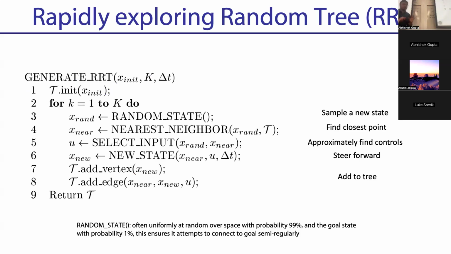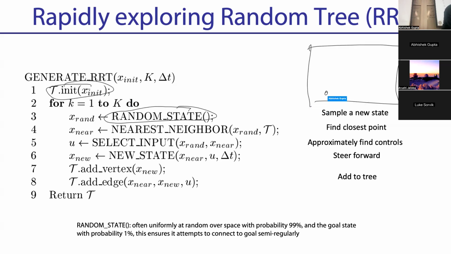So this is the whole algorithm for RRT. RRT says that you start by just having a tree which only has the initial state in it, right? And then you're going to sample a random state from the configuration space. So let's say this is your configuration space. This is what you call X init. You're going to say, I'm going to sample a random point, and that's going to be your X rand.